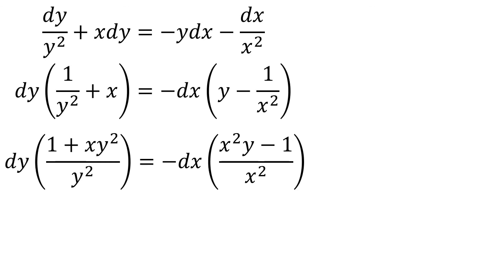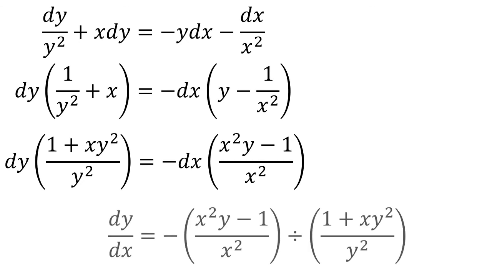And then for our most favorite part in implicit differentiation, writing the final answer. So this will become dy over dx equals negative x squared y minus 1 all over x squared divided by 1 plus xy squared all over y squared.